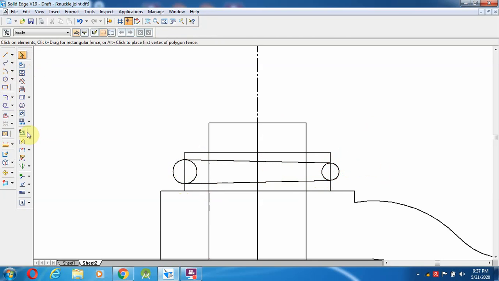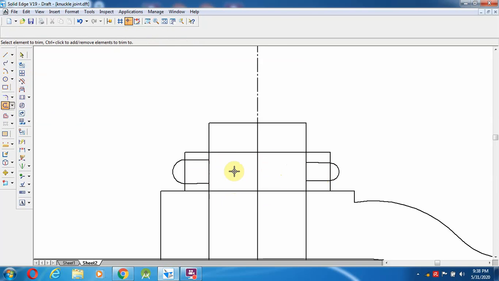So after joining this, I'm going to use the trim option. These are all the things I'm going to trim it. So once again I'm going to trim for these particular lines. Because this comes inside, behind the middle of the pin, so that it will be invisible.